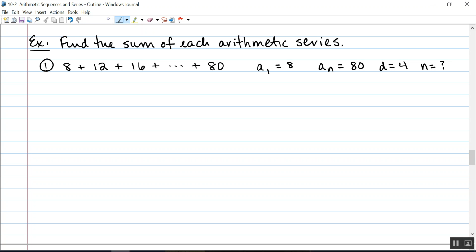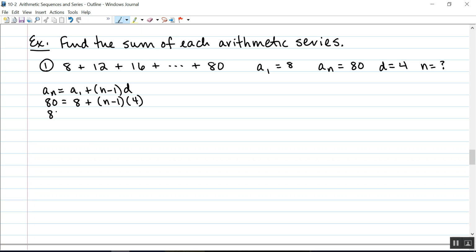So let's go ahead and use our first formula to figure out what n is equal to. So a sub n equals a sub 1 plus n minus 1 times d. And I know that my nth term is 80. a sub 1 is 8 plus, I don't know what n is, minus 1 times my common difference, which is 4.